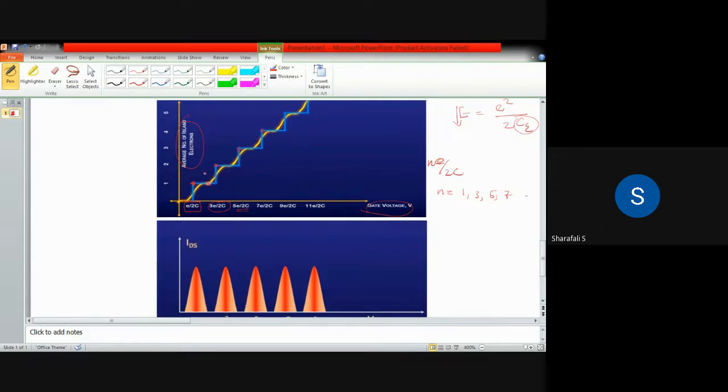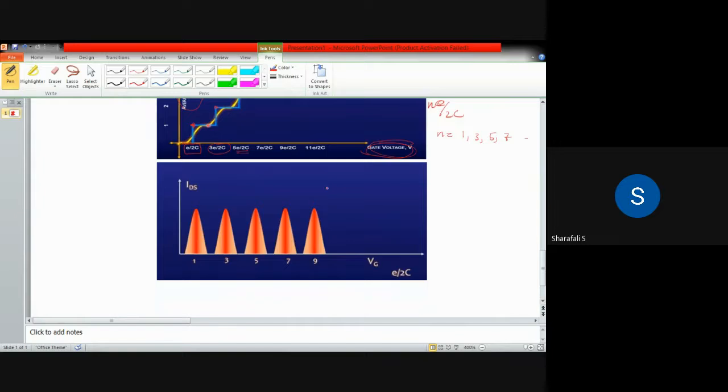So that we can observe from this particular graph with respect to the average number of isolated electrons, or electrons in the quantum dot, against the gate voltage.